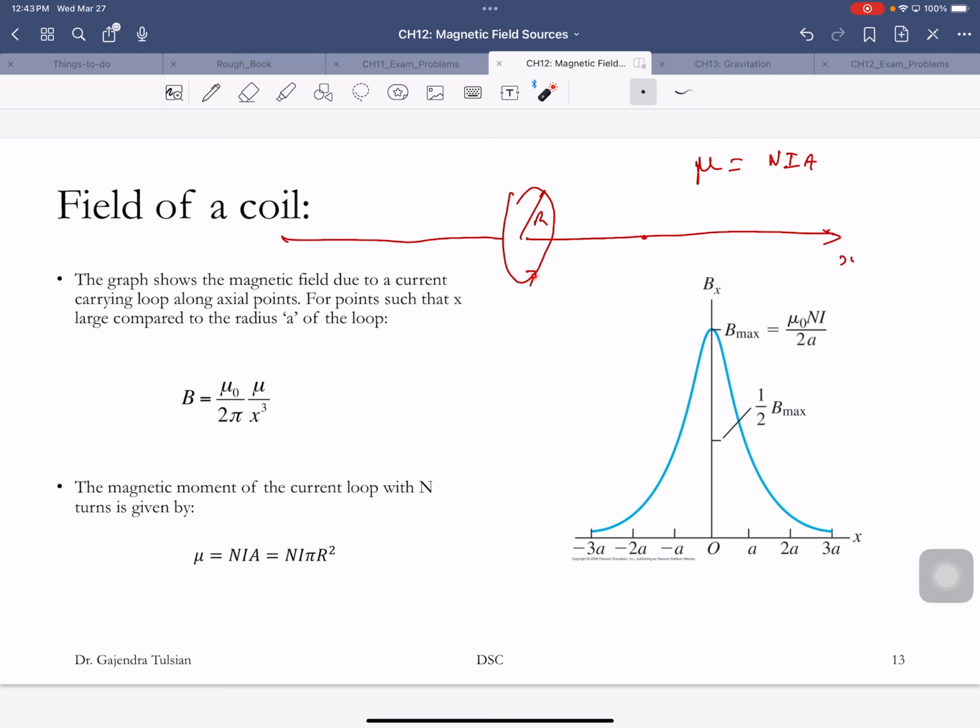It's carrying a current like that. And the magnitude of the magnetic field along x is given by this. At the center of the ring, the magnetic field is maximum, and as you go along the x-axis, the magnetic field falls off fairly quickly. And the magnetic field falls off as 1 over x cubed.